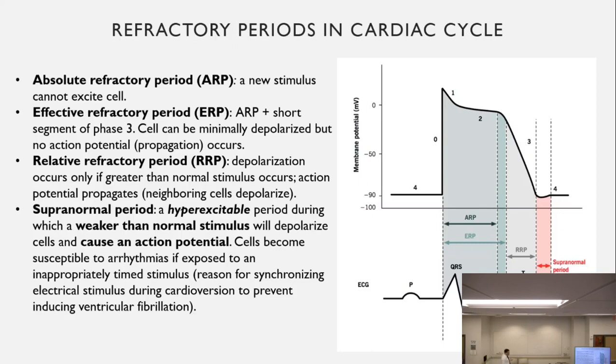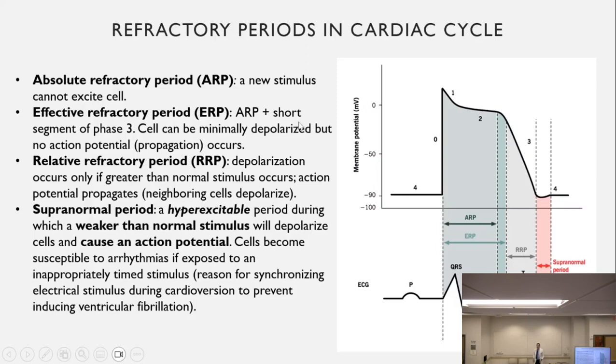So it's the same concept now applied to the cardiac cells, and you can see how it corresponds to certain traces on the EKG. The absolute refractory period corresponds to the QRS and ST segment. And you have the T wave, the center of the T wave, which corresponds to the relative refractory period.